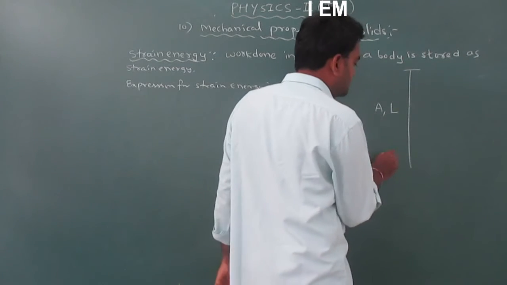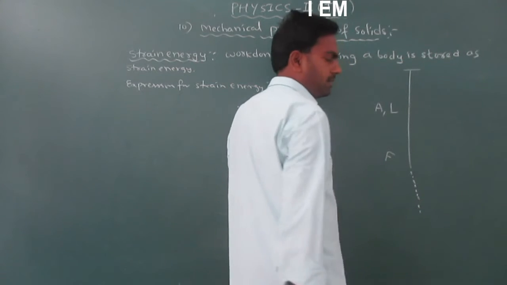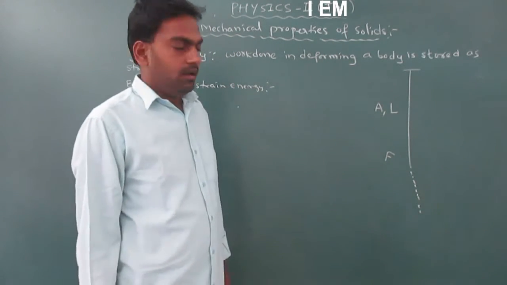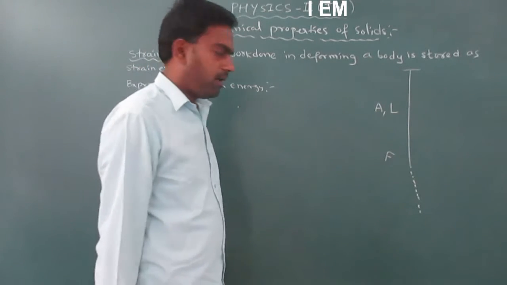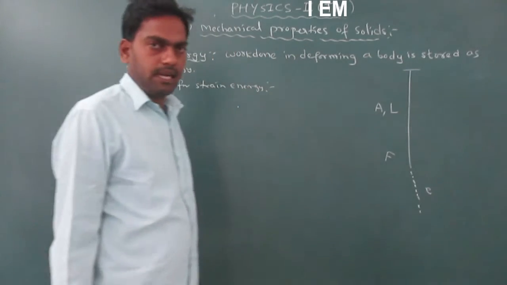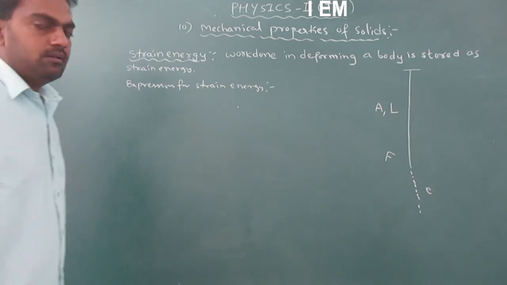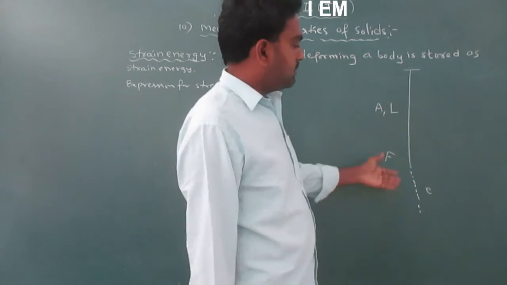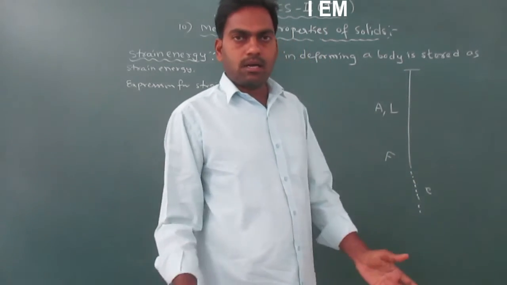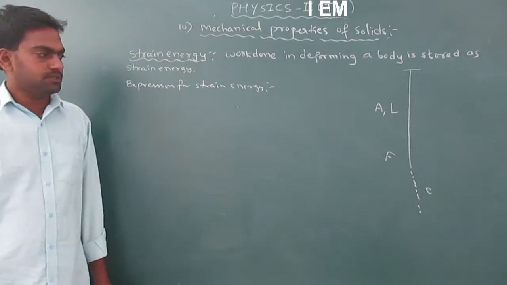Some external force is applied on the wire, so some extension is developed at the end of the wire. e is taken as the extension. The external force acts against the interatomic forces, and the work done is stored as potential energy.